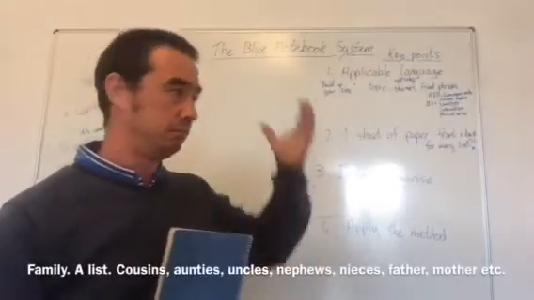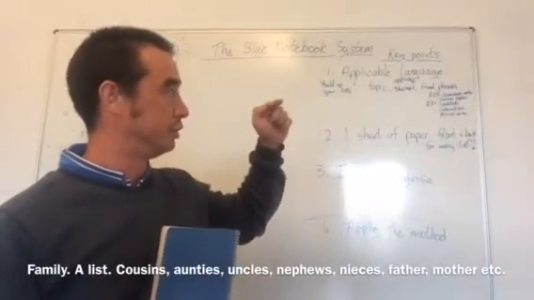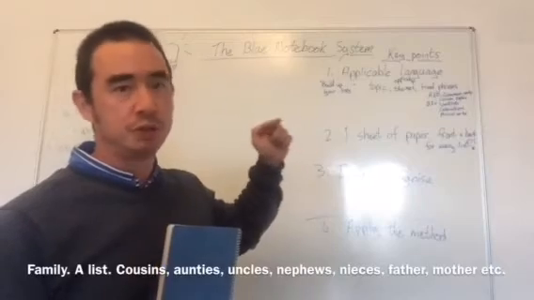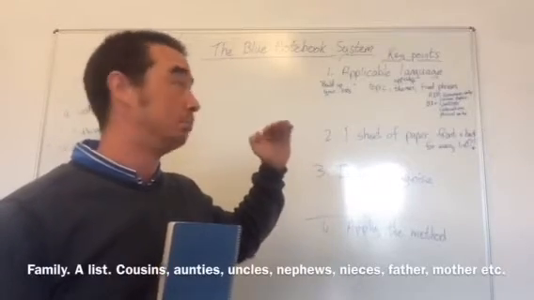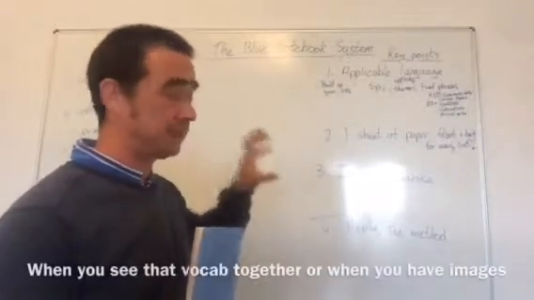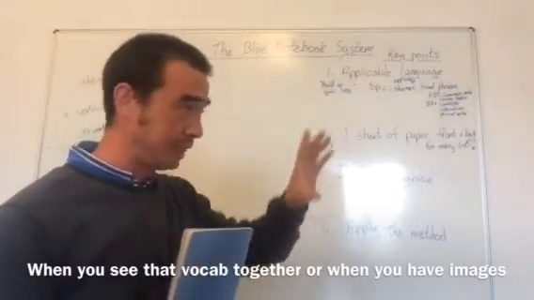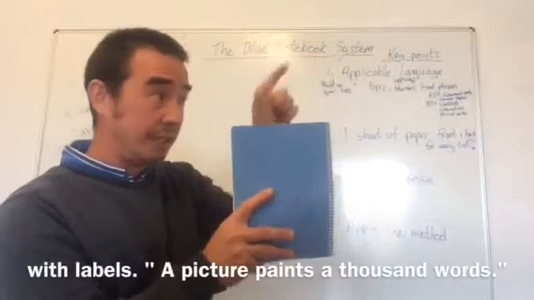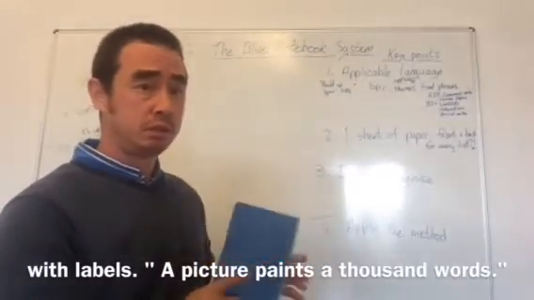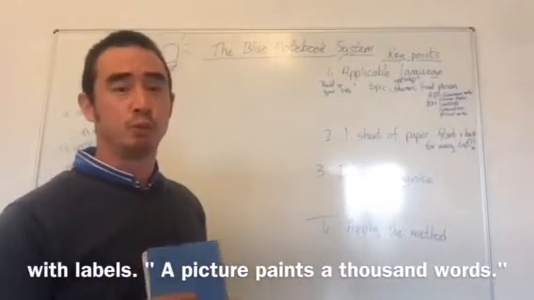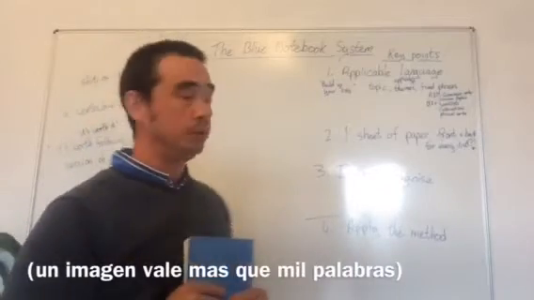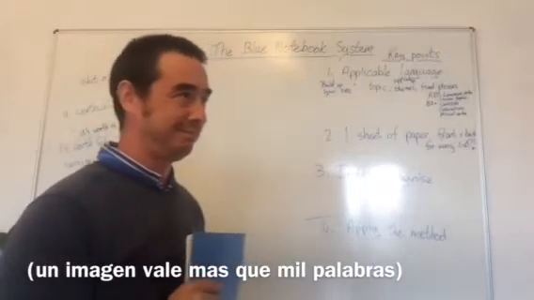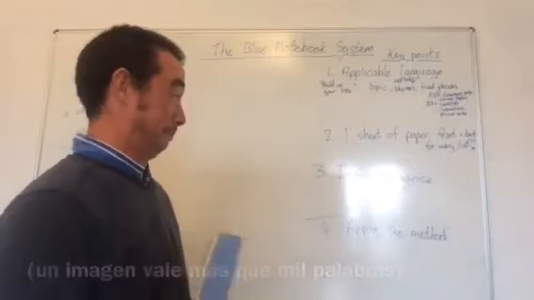Family, a list: cousins, aunties, uncles, nephews, nieces, father, mother, etc. Make a list. When you see that vocab together, when you have images with labels, a picture paints 1,000 words. Una imagen vale más que 1000 palabras.